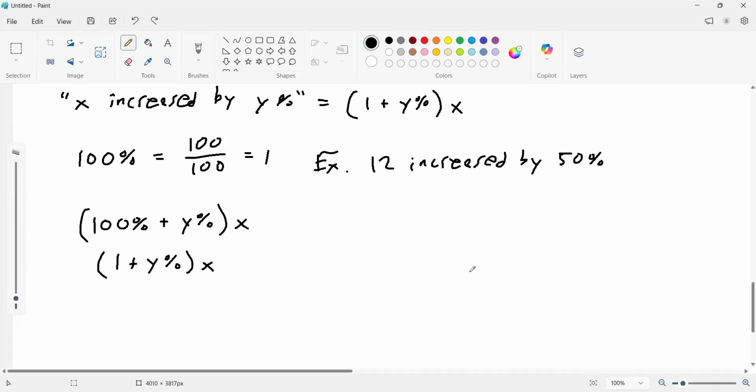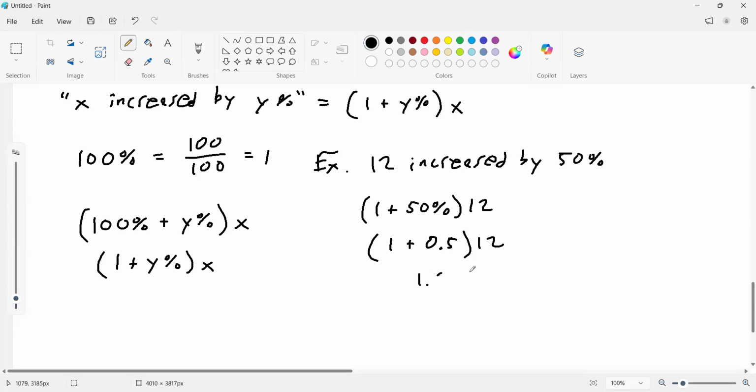Okay. But if we think about it in terms of this, what I'm doing is I'm taking 1 plus 50% multiplied by my 12, right? Okay, well, 50% as a decimal, I got ahead of myself there, that's just 0.5, right? So that's 50% as a decimal.